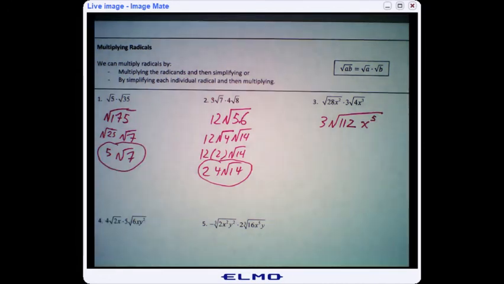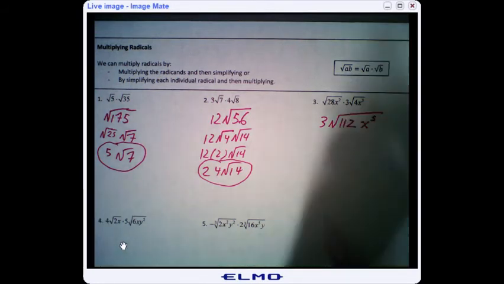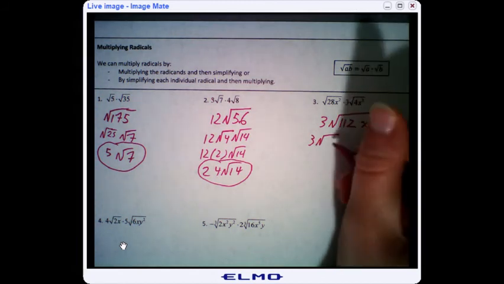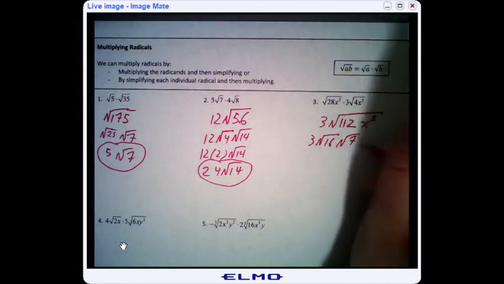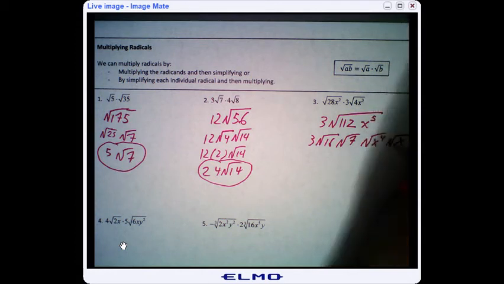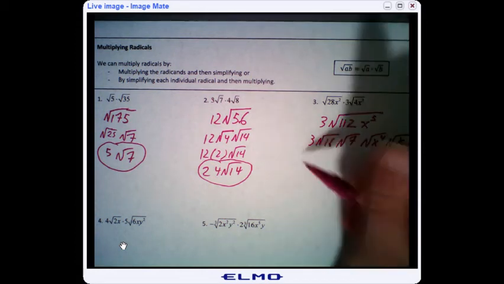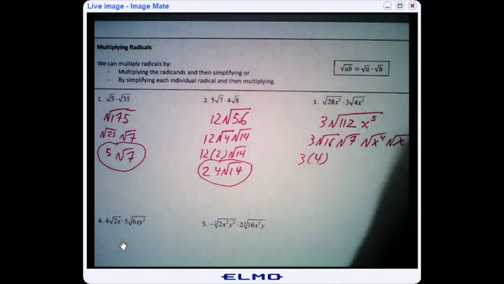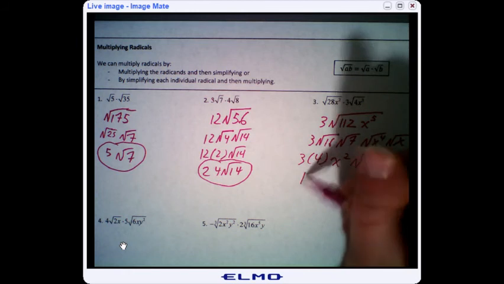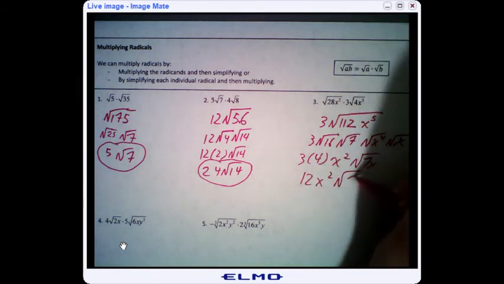We're going to have to simplify that. So we're going to get 3 square root of 16, square root of 7, square root of x to the 4th, square root of x. 3 times 4, x squared, square root of 7x. 12x squared, square root of 7x.